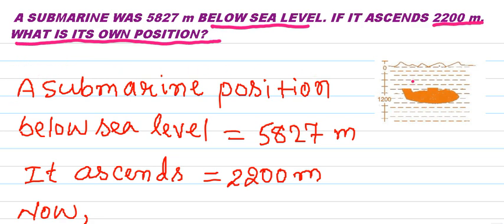Start. You see here is the picture. It is a sea level and the submarine is below it. That distance is, you know very well, 5,827, and it ascends from here.